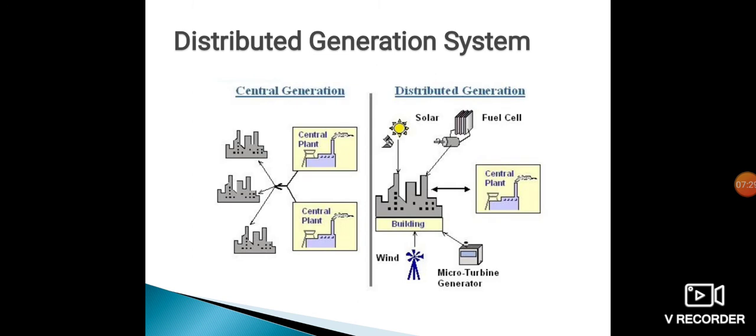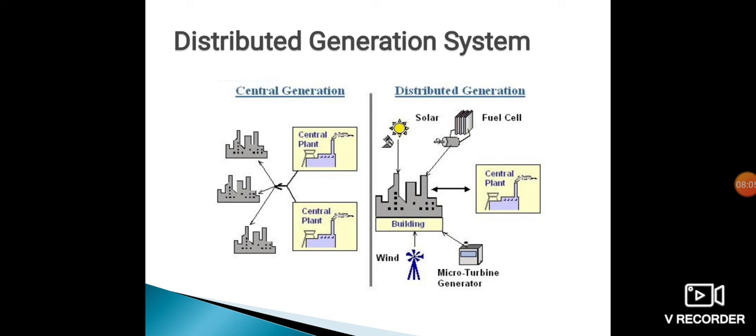Now, this is the comparison between the central generation and distributed generation. So in central generation, you can see we have two power plants, and these two power plants are only responsible to supply the energy to the load. Whereas distributed generation, you can see we have total 5 supply options.